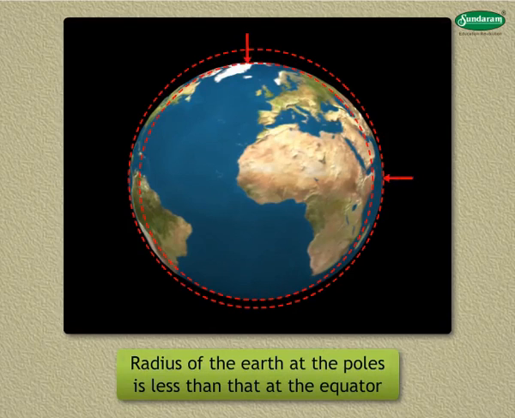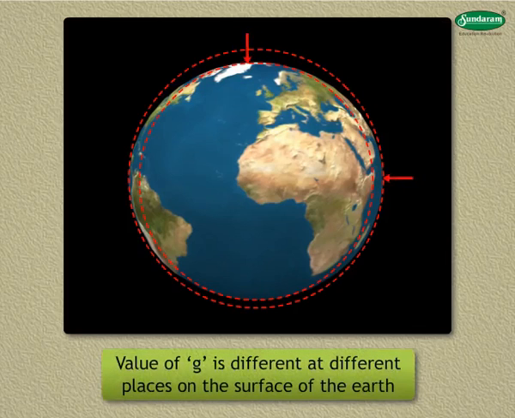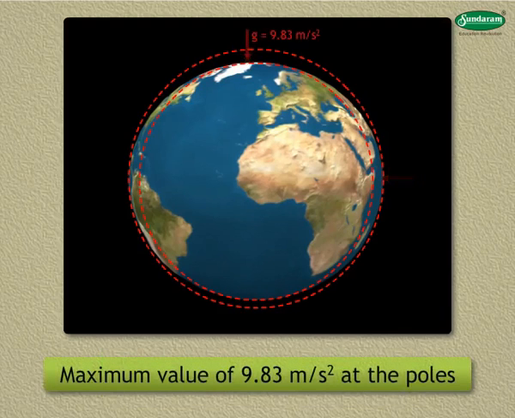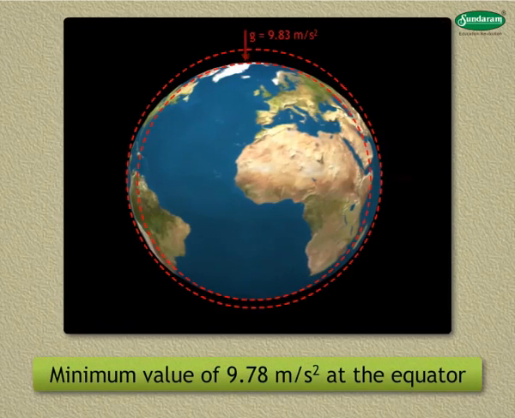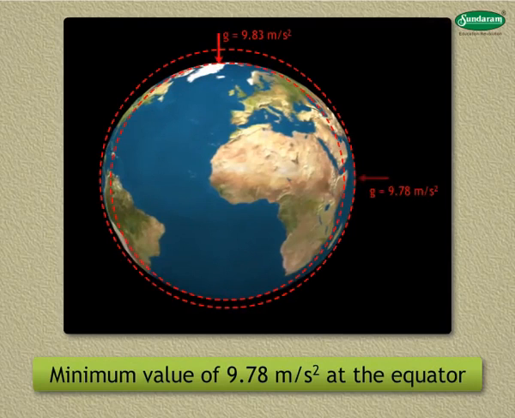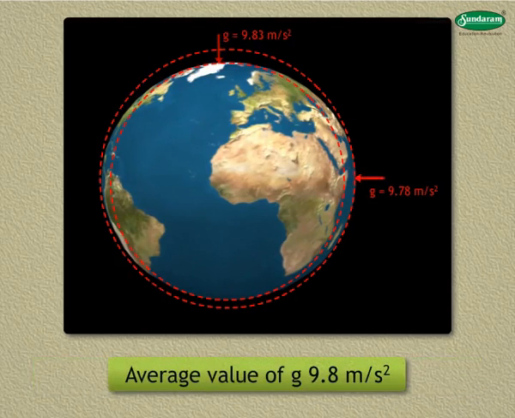It is found from experiments that the value of g is different at different places on the surface of the Earth, ranging from a maximum value of 9.83 meters per second squared at the poles to a minimum value of 9.78 meters per second squared at the equator. However, for all practical purposes, the average value of g at or near the Earth's surface is assumed to be 9.8 meters per second squared.